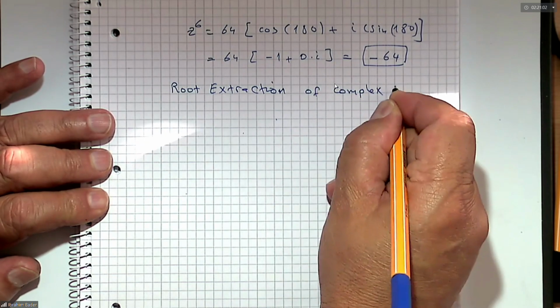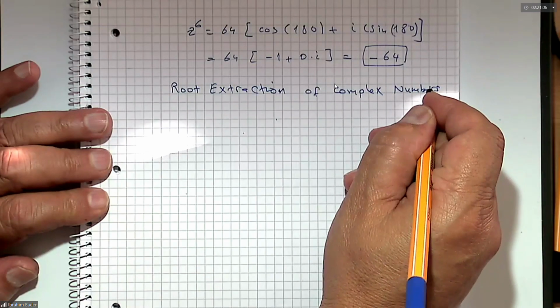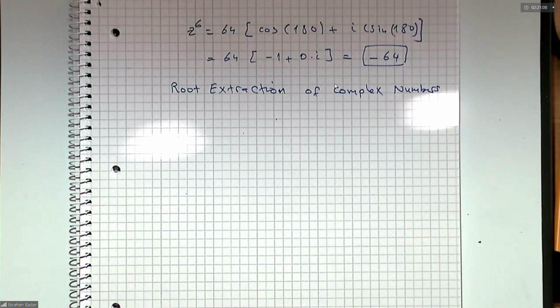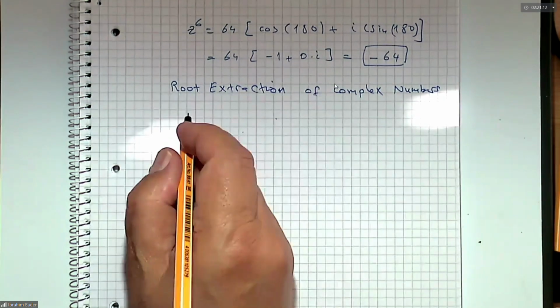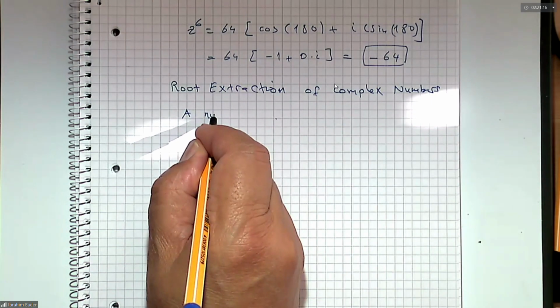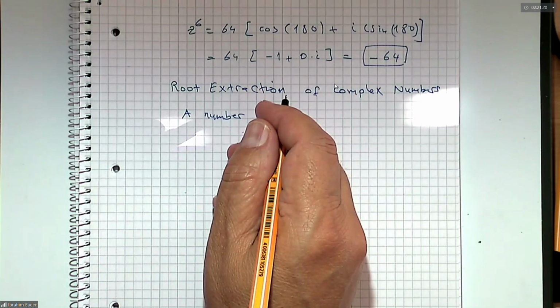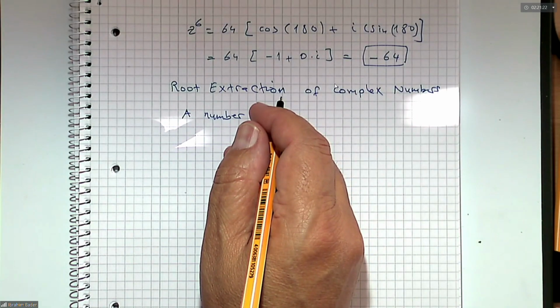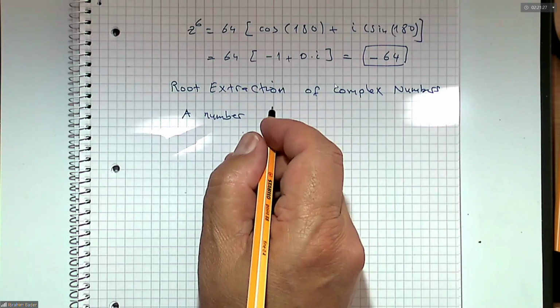But before that, let me just remind you, what is a root? What does it mean that 5 is a root of 25? That means if you square 5, you will be getting 25, right?